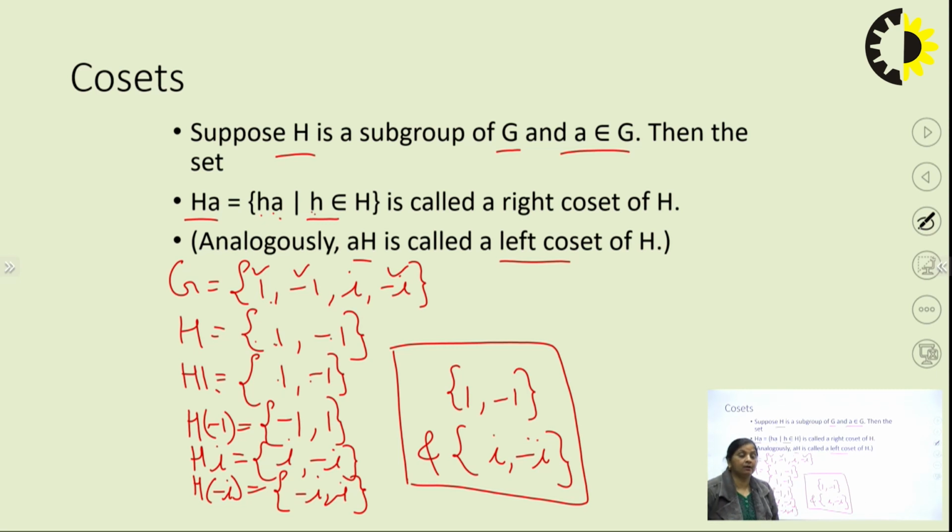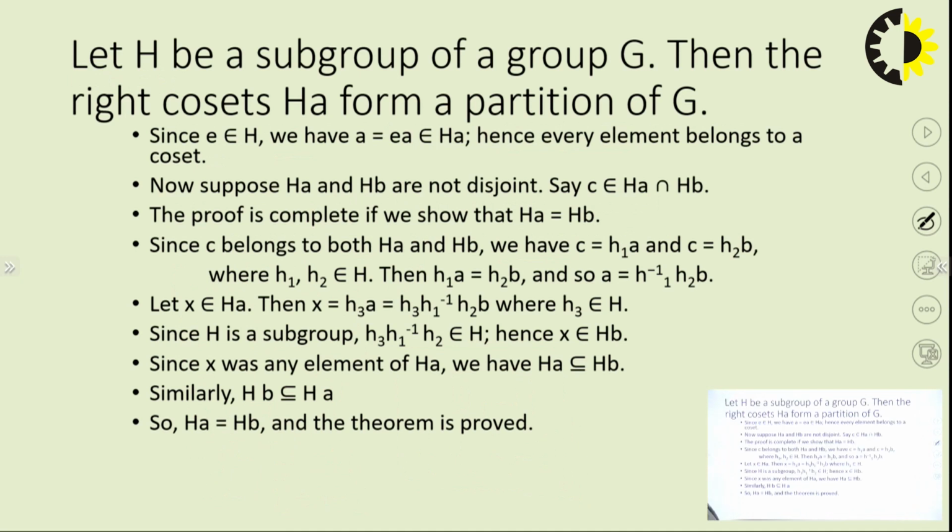This way we can calculate cosets. Cosets are HA, where H is the subgroup and A is one element of G. Now a very important point we will discuss here.